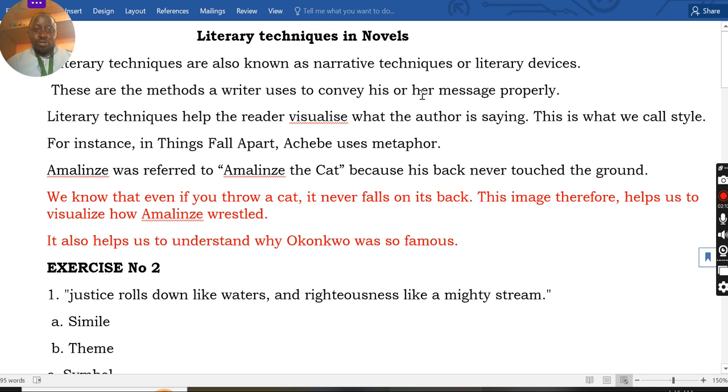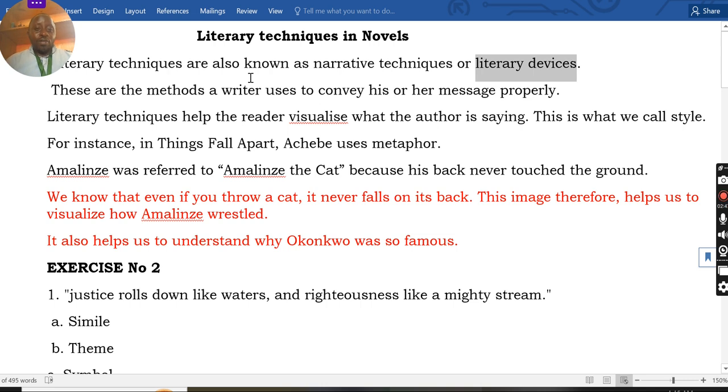Literary techniques are also known as narrative techniques, and narrative techniques are the same as literary techniques. We also have another name, which is literary devices. When you see one of these names, don't be confused. It is the same thing, whether literary techniques, narrative techniques, or literary devices.